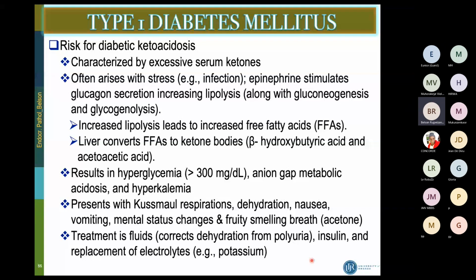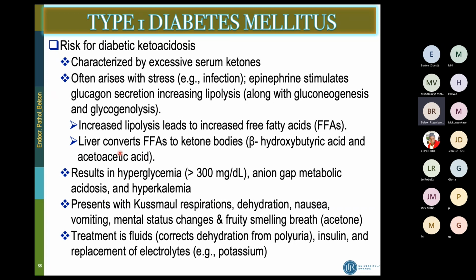So ikintu rero kindi uretse za ischemic complications, ikindi kica aba barwayi ni acidosis. Ketoacidosis kubera twabonye ko hari umurwayi agira lipolysis, bituma agira free fatty acids and so on. So at the end, increased lipolysis leads to increased free fatty acids.